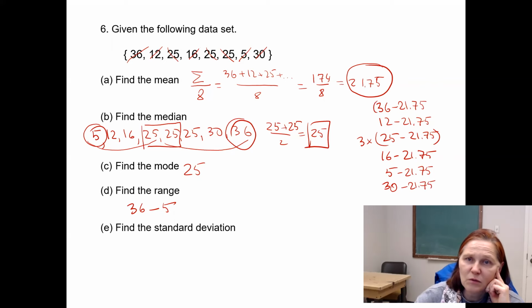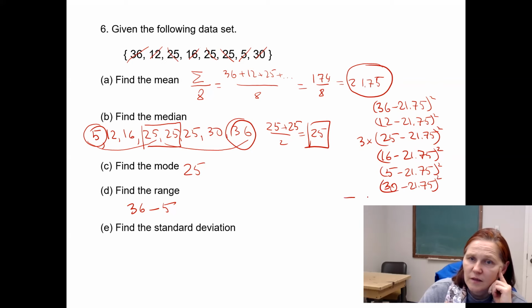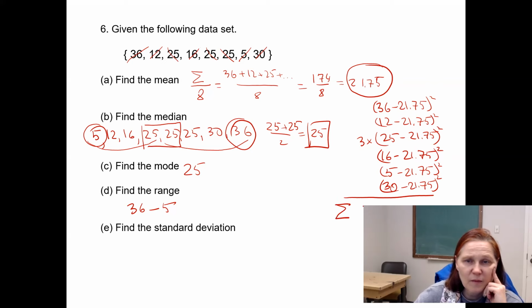And then we must square every difference or deviation. So here we first square and multiply by 3. And then we find the sum of these squares.